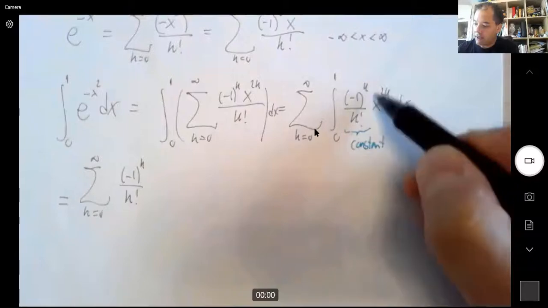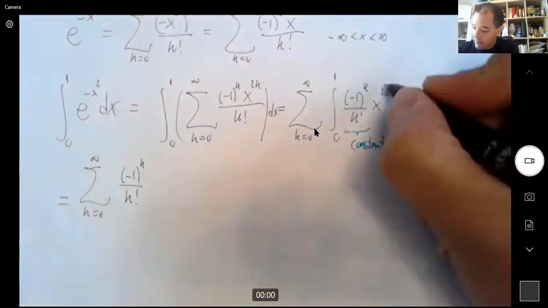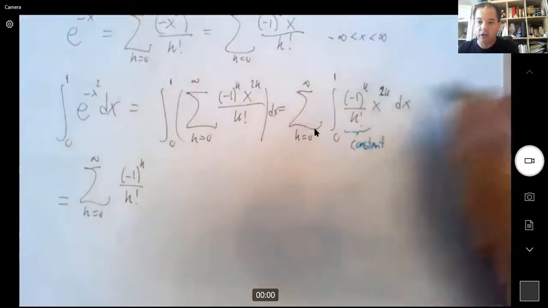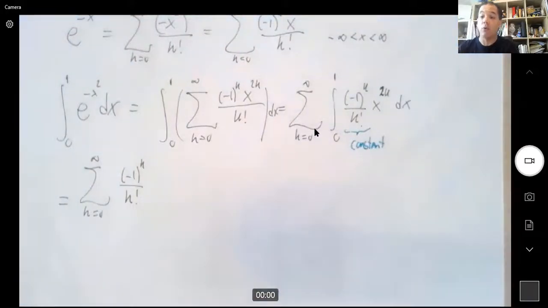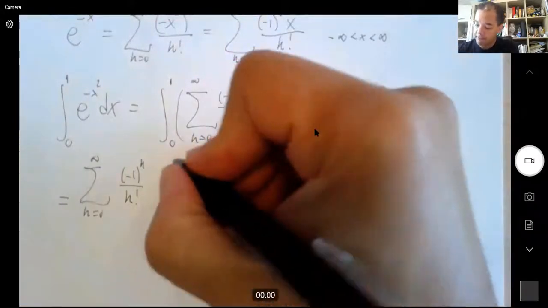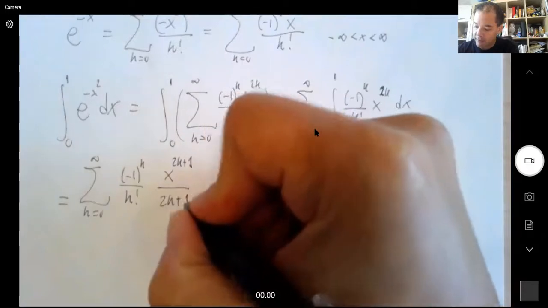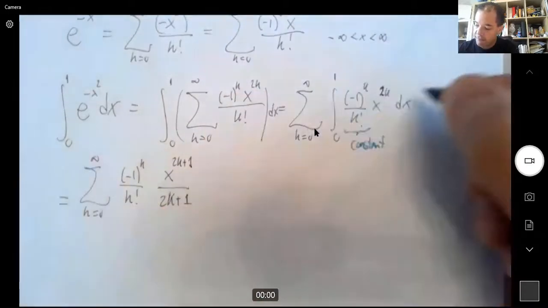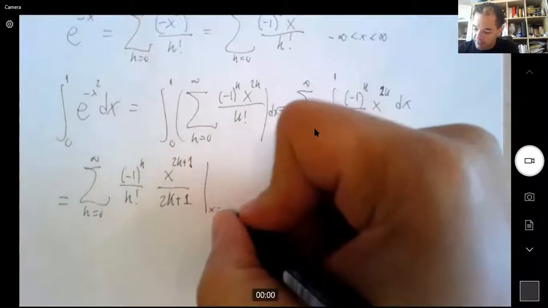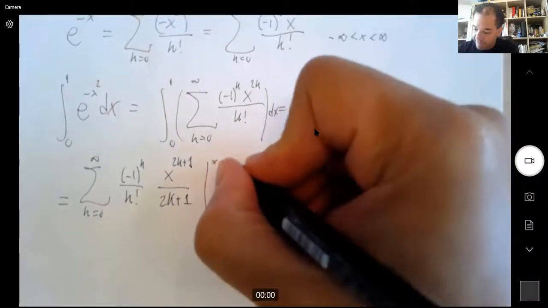Then we integrate x to the 2k. The way we do it is we add 1 to the exponent and we divide by that new exponent. This is a definite integral, so we are evaluating this from 0 to 1.